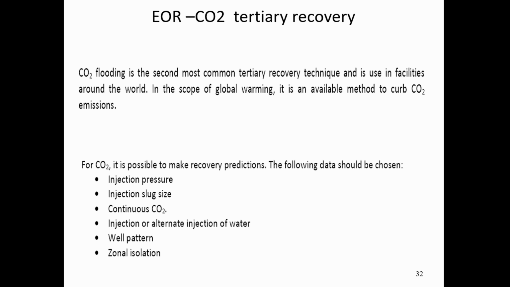How many meter cube of CO2 in 1 ton? The answer, 550. So 550 meter cube of CO2 is equal to 1 ton, which would be ready to recover for you 5 barrels of oil.